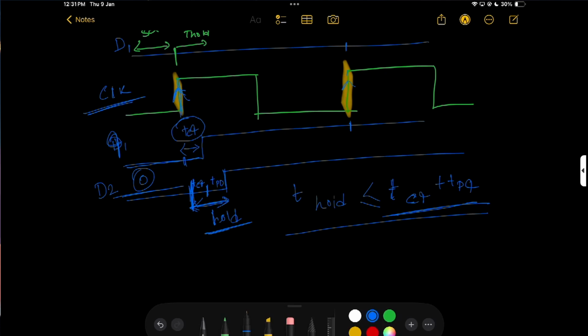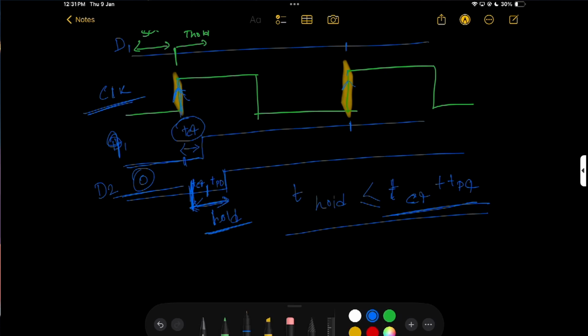Like if my clock to Q and TPD is much greater than T hold, that's okay. But if it is less than, then what's the problem?